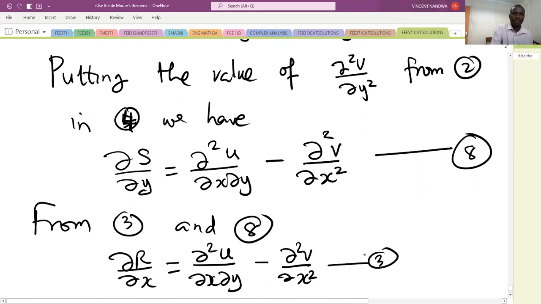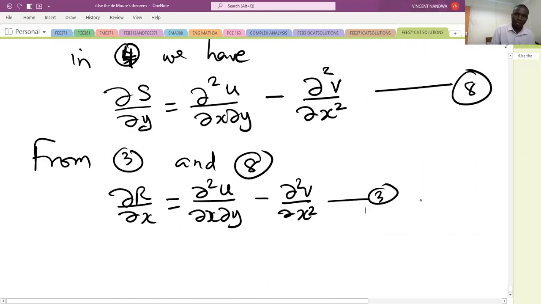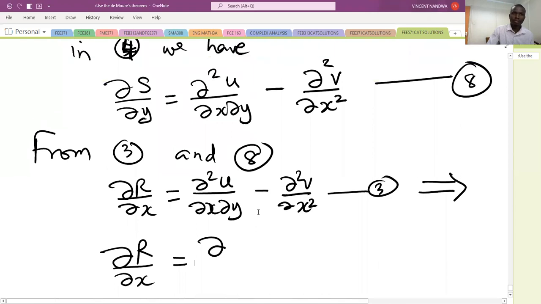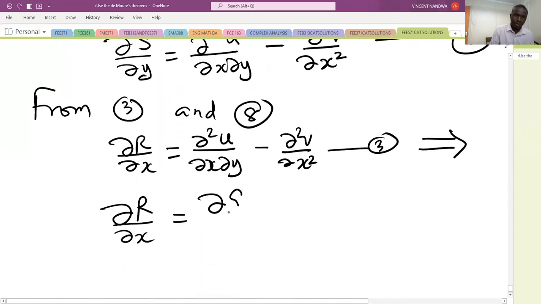From equation 3 and equation 8, you see they are the same equations. It implies ∂R/∂x is the same as ∂S/∂y.